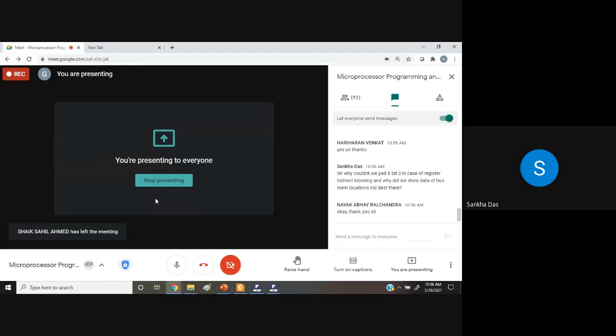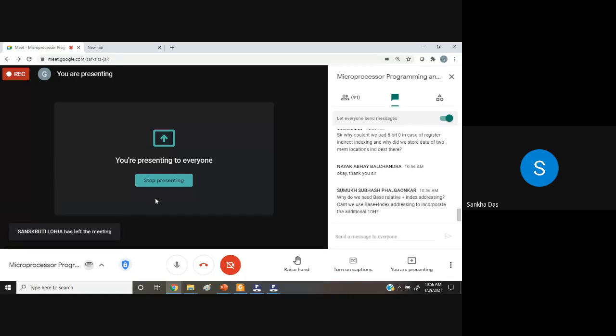You just said that, like in Vignesh's question, we can't move from 8-bit to 16-bit, so we add a padding there. So in register indirect indexing, let's say the final destination takes me to 14000H. Why do I store data of 14000H and 14001H in the destination?